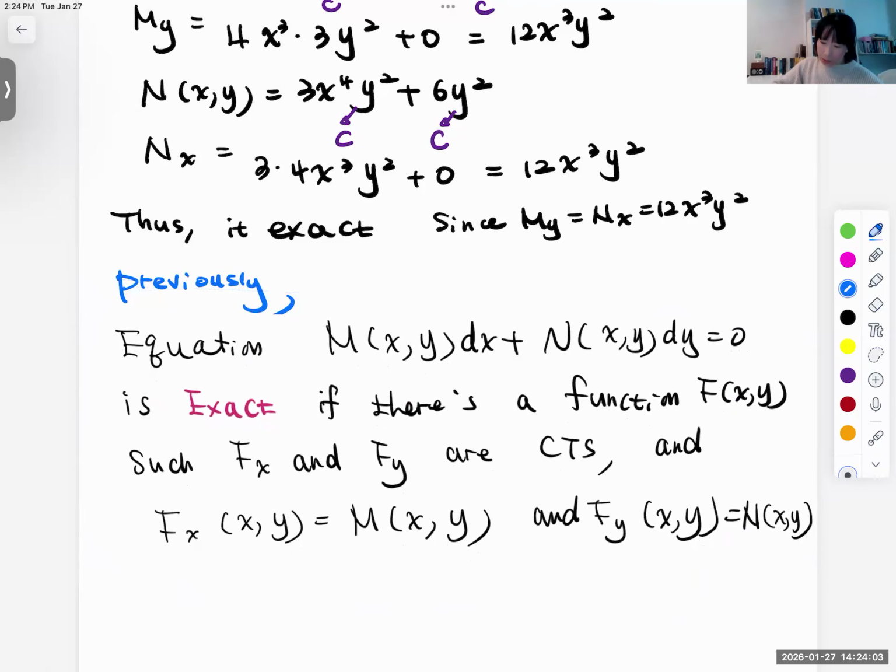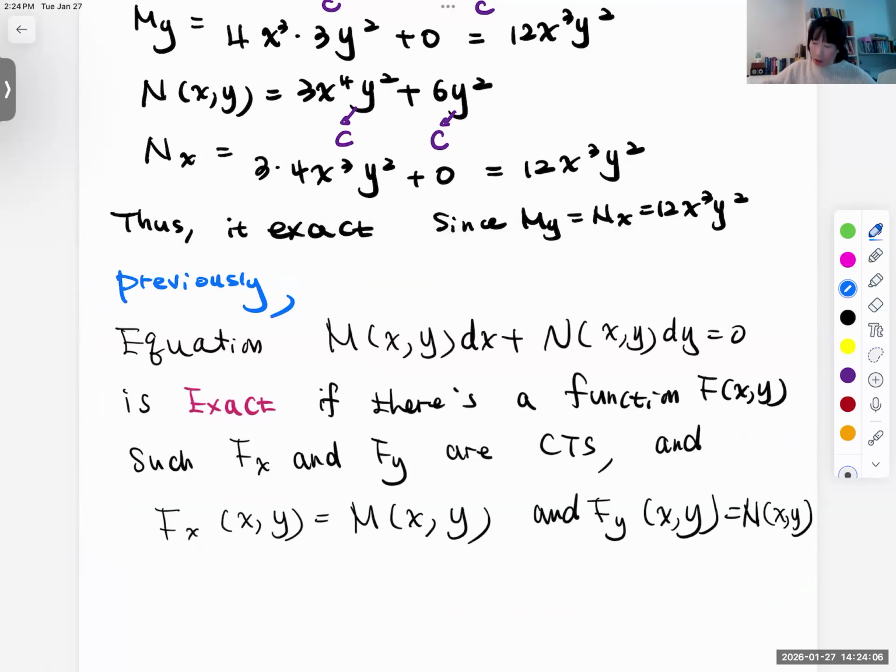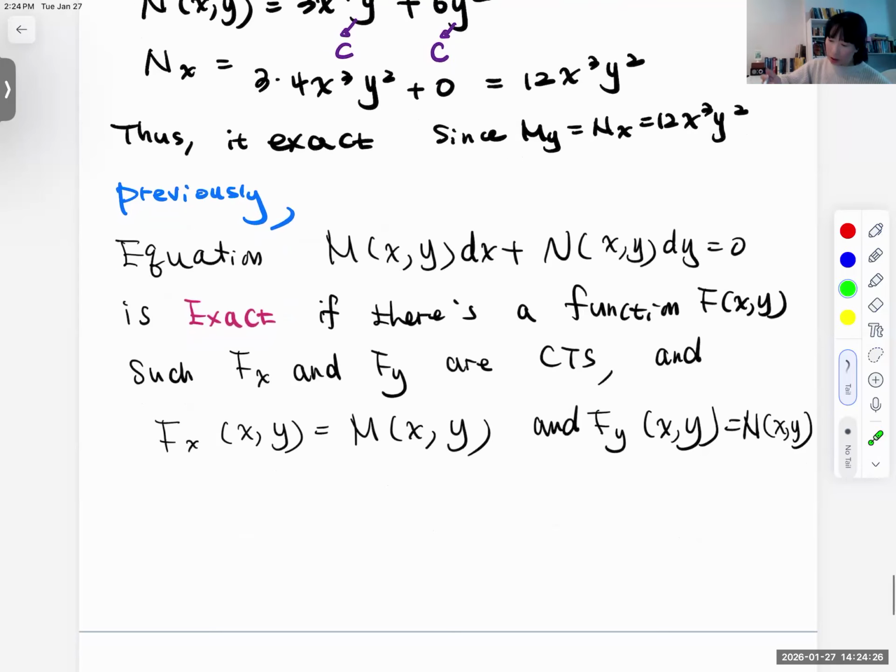Okay, so now the partial derivative with respect to x is the same as that m equation, and the partial derivative with respect to y is the same as the n equation, right? Let me just conclude like that.